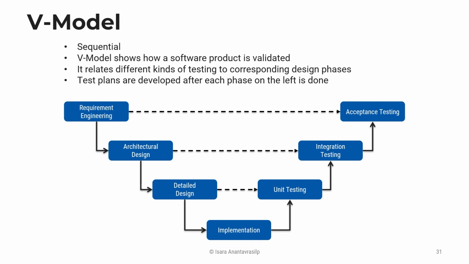The V model highlights the importance of testing and verification throughout the entire development process. See, we have unit testing, integration testing, and acceptance testing. Requirements engineering or requirements elicitation corresponds to acceptance testing. Architectural design corresponds to integration testing. Detailed design corresponds to unit testing.